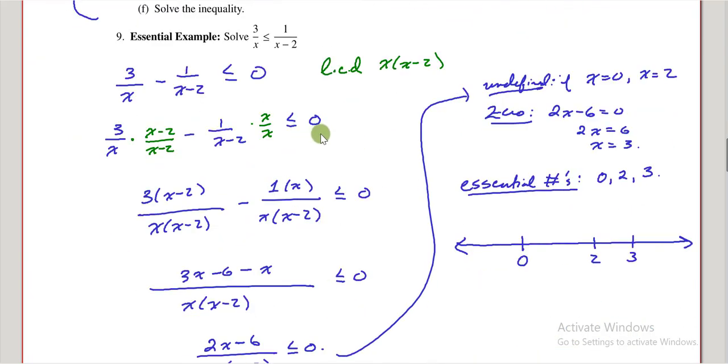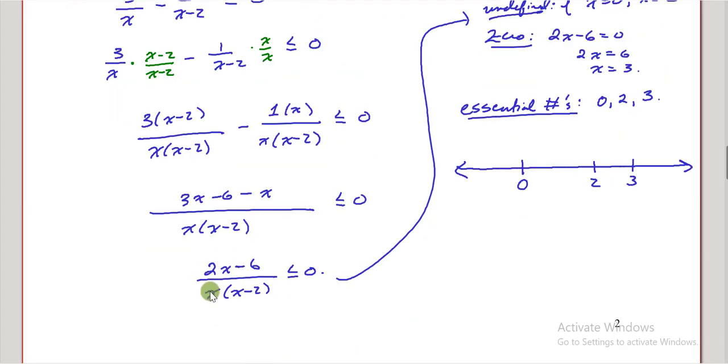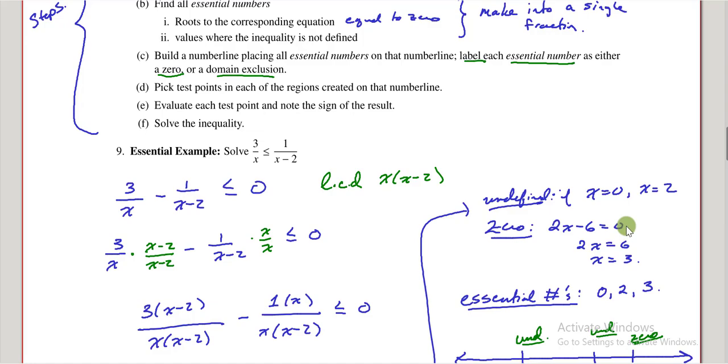So notice that 0 was up here, not because it made this fraction 0, but because it made the fraction undefined. So I'm going to write UND, that's where it made the fraction undefined. Similarly, 2 is up here because it made the fraction undefined. But 3 is on this number line because it's where it made the expression 0. And that's important for checking my answers here, for giving the final answer to this inequality at the end. So I've now done step C.